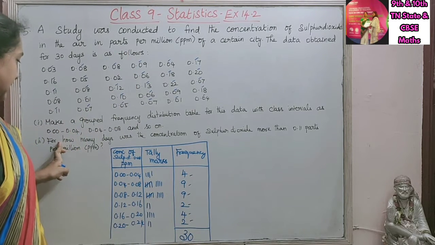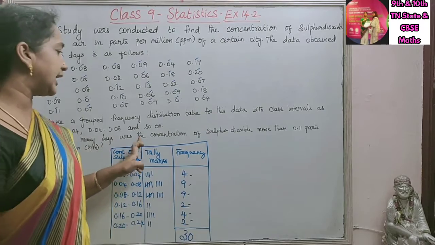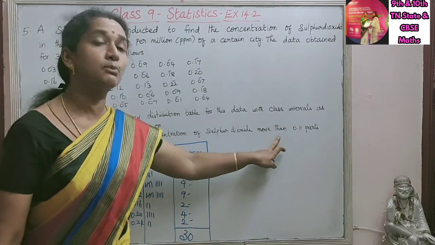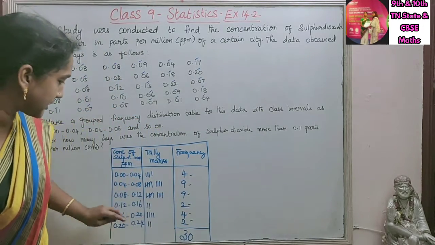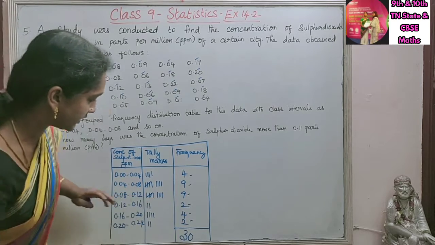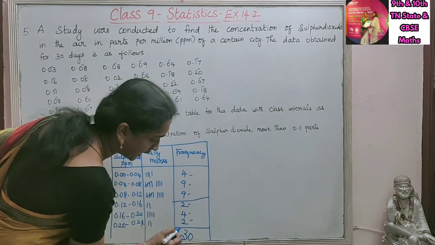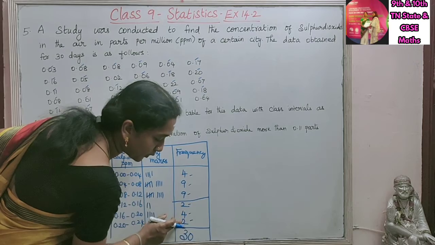The second question: for how many days was the concentration of sulfur dioxide more than 0.11 parts per million? For more than 0.11, we need to count from here: 2 plus 4 plus 2.